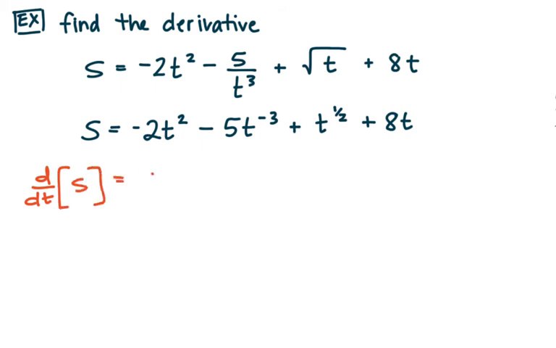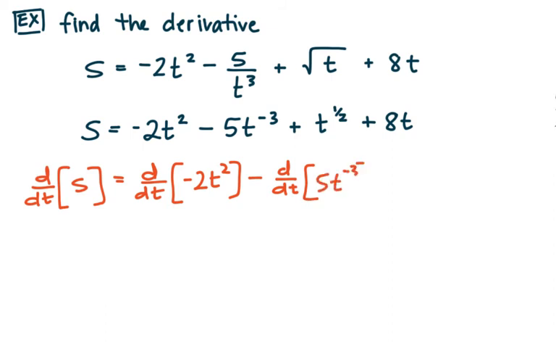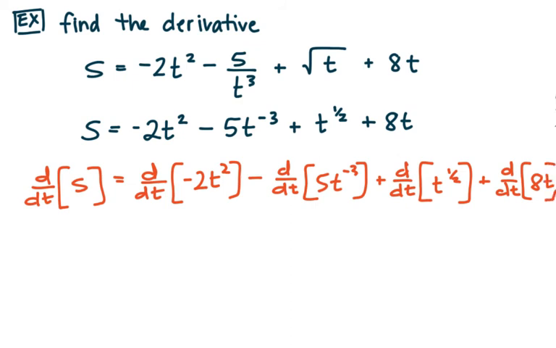And that's going to equal the derivative with respect to t of negative 2t squared minus the derivative with respect to t of 5t to the negative 3 plus the derivative with respect to t of t to the 1/2 and plus the derivative with respect to t of 8t.